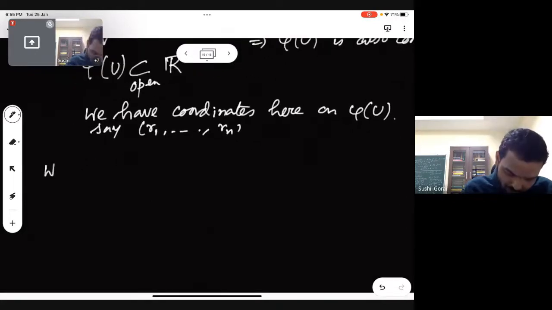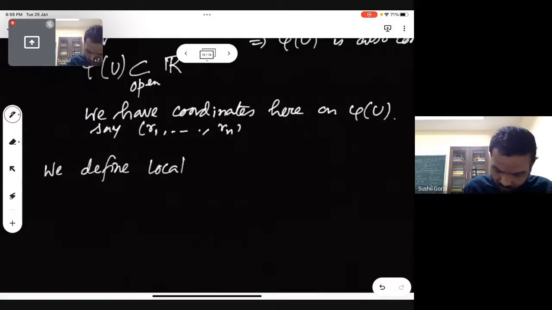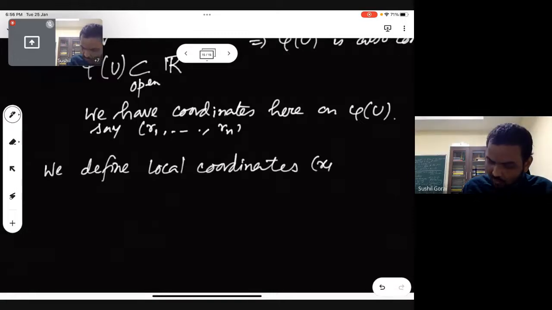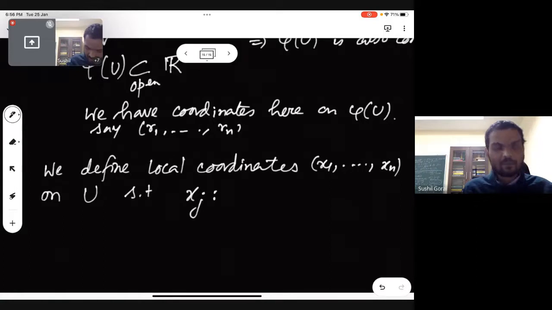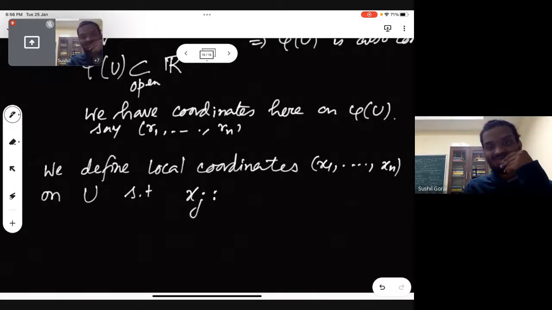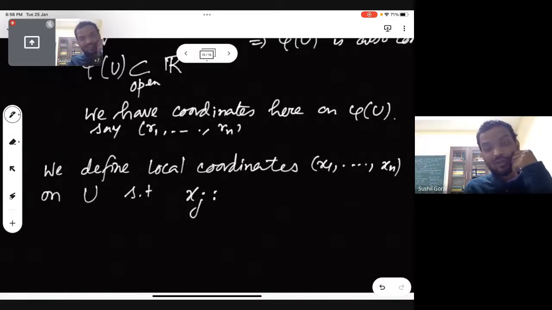Now we define local coordinates x1, x2, ..., xn on U such that xj is what? xj should be mapped from U to R, right?